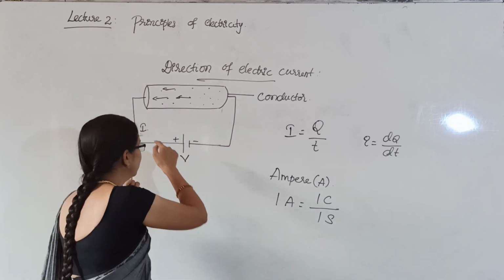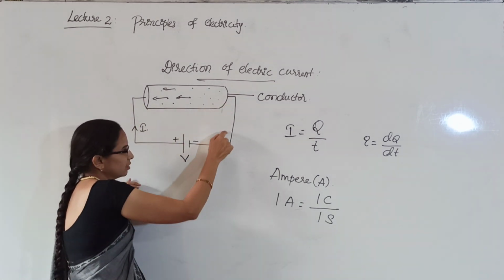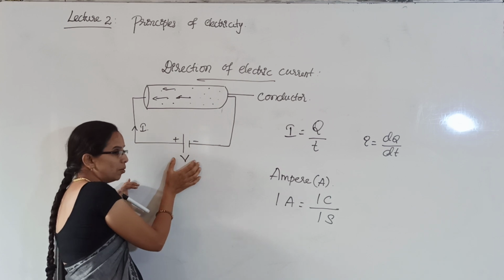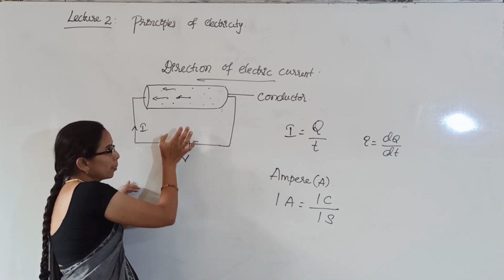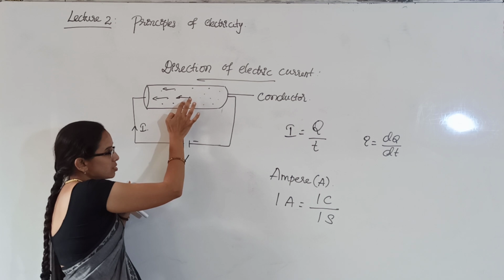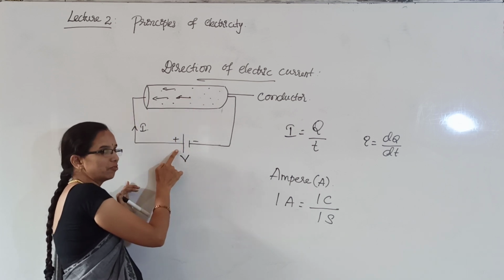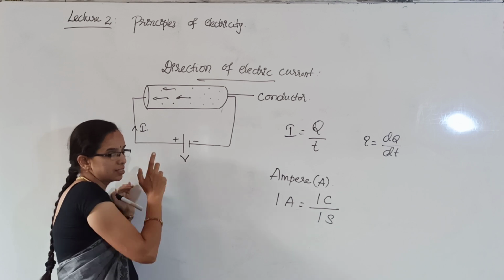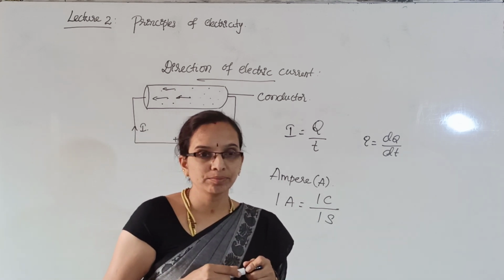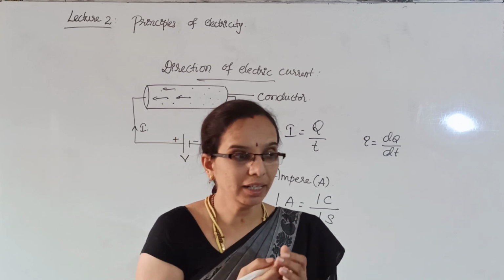When you connect a conducting wire through a battery, what happens? The electrons, which carry negative charge, are attracted towards the positive terminal of the battery.